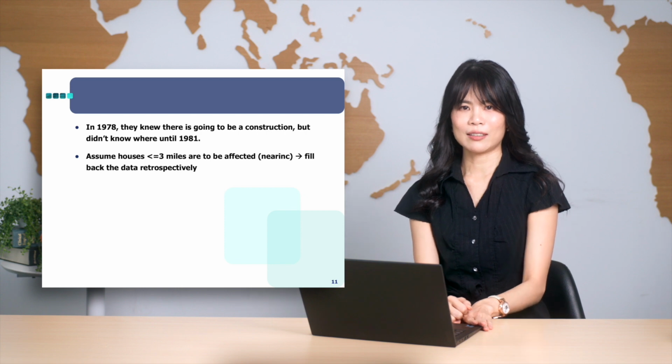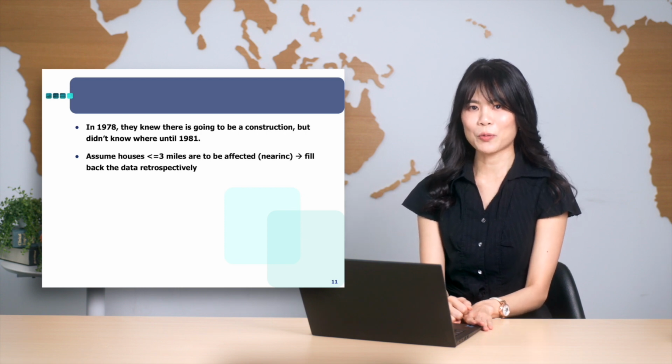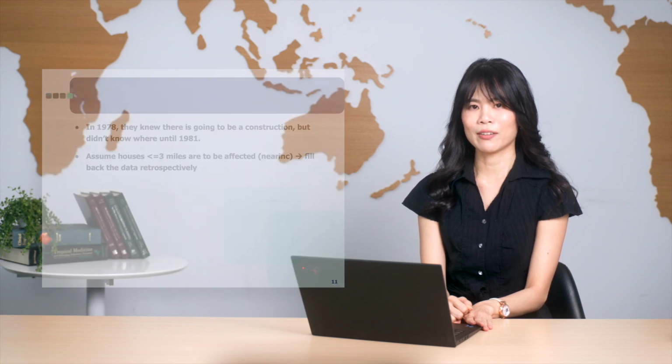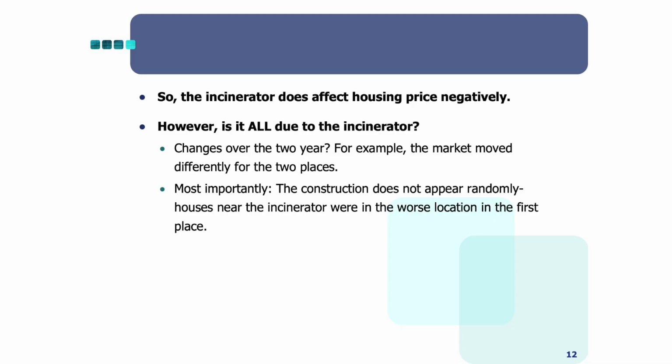Assuming houses less than or equal to 3 miles are to be affected, and let's call this variable near INC, we can fill back the data retrospectively to create this variable, indicating which house should have been affected. So the incinerator does affect housing price negatively. However, is the decrease in price all caused by the incinerator?